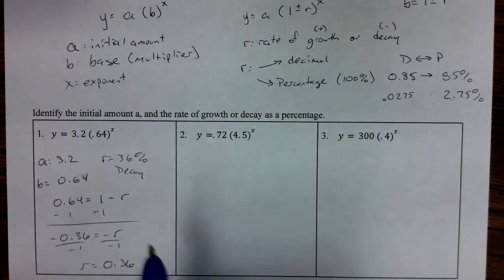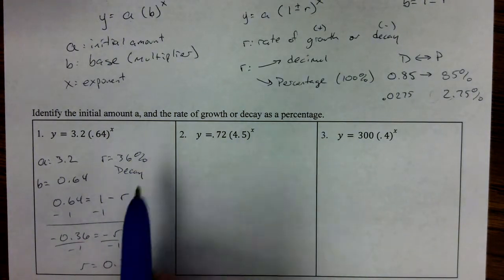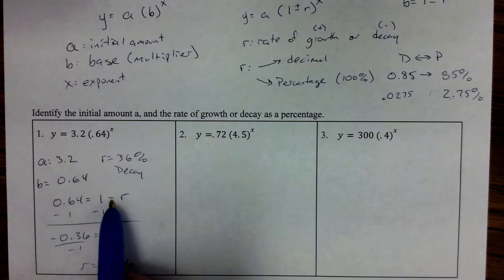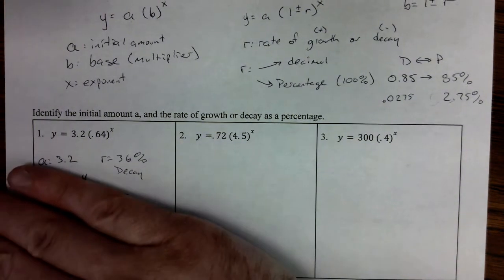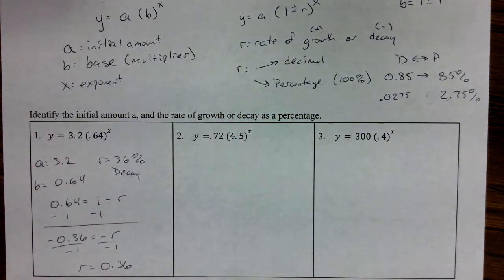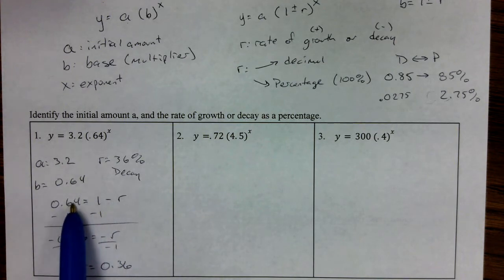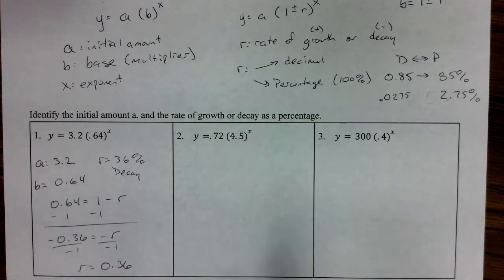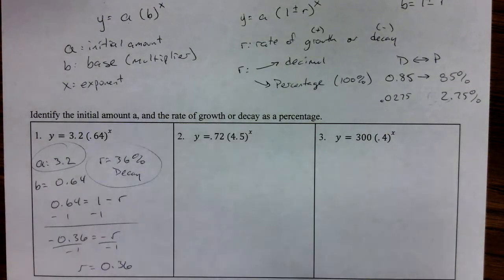Now it's important to notice decay because when I say 36%, you didn't know that it was minus, right? If my only answer is A and R, I don't know if that's plus 36% or minus 36%. So because this was a minus and because this was less than 1, I need to say decay. So these are my 2 answers.